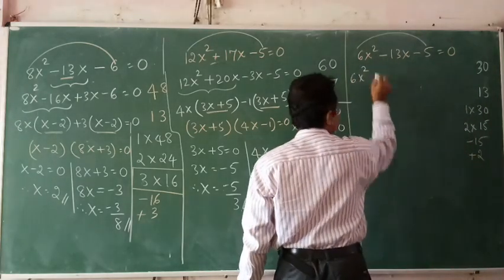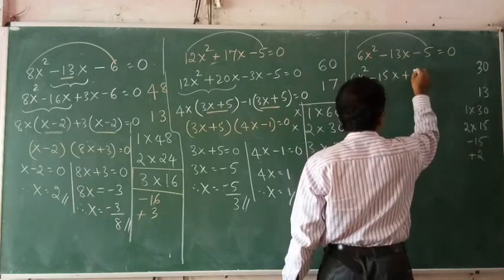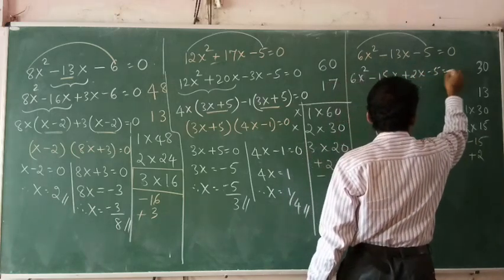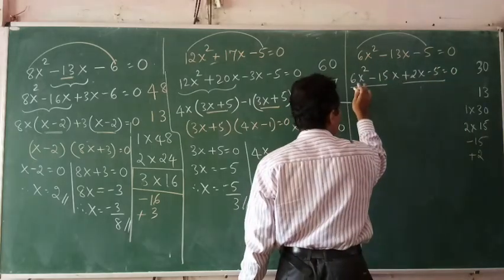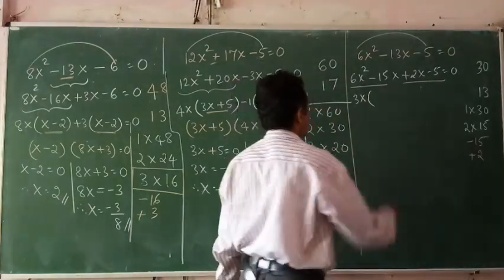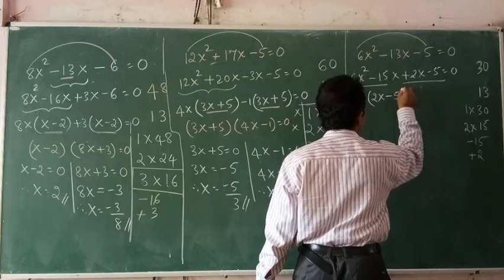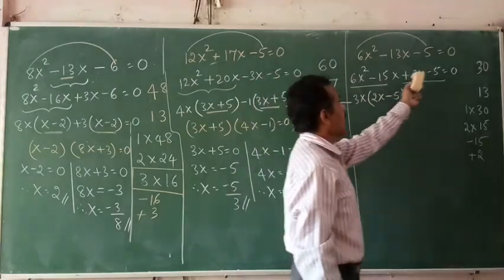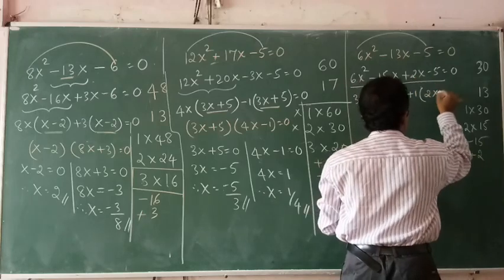It is 6x square minus 15x plus 2x minus 5 is equal to 0. Grouping. I can take 3x as common, 3x is common, into bracket 2x minus 5, 3 5s are 15. I can take just 1 as common. Everything will be as it is.